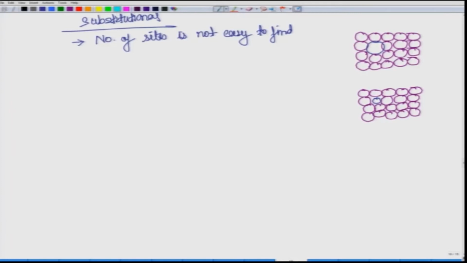What we are seeing here is that there are strains like this which are compressive in nature. So, it is compressing all the atoms around it. Over here the strains are tensile in nature, the atoms are getting pulled apart. So, over here we have tensile stresses, over here we have compressive stresses.